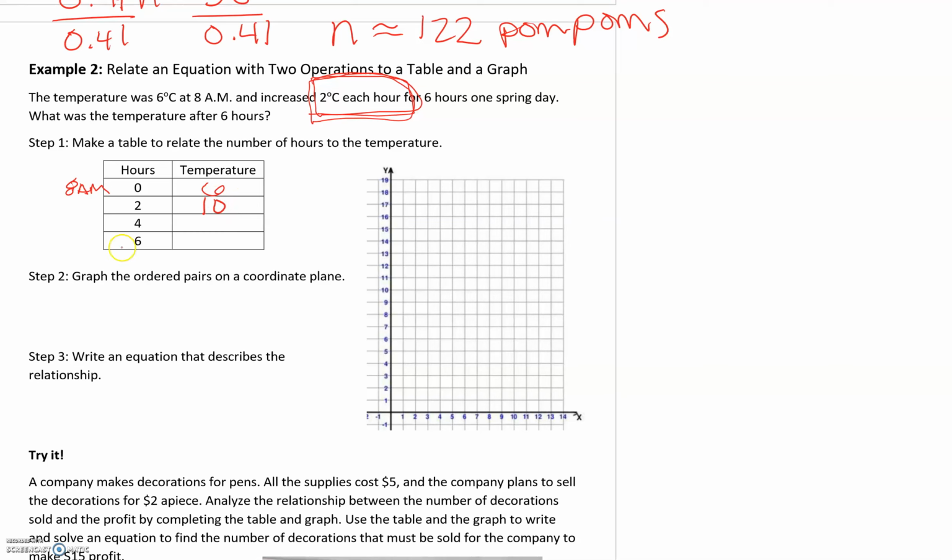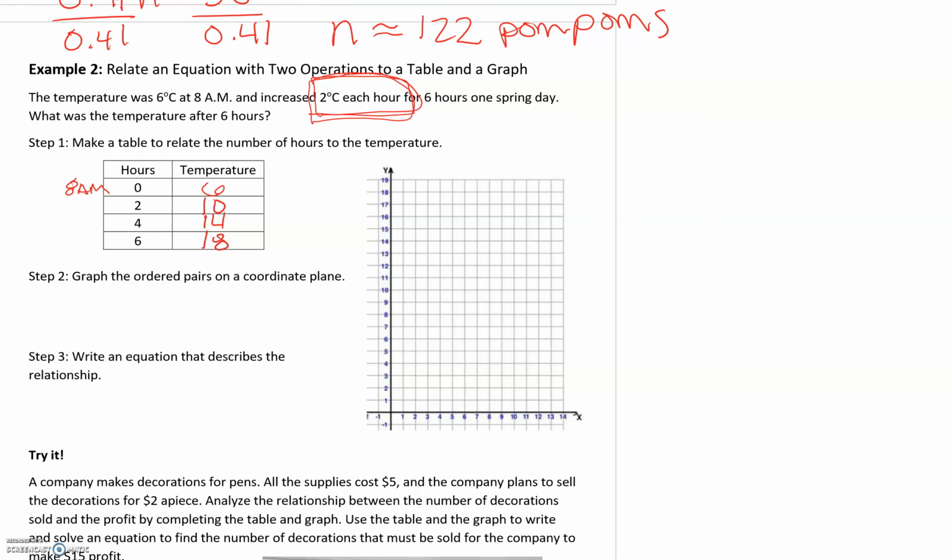Okay, and then I have another 2-hour jump here. So I'm going to have another increase of another 4 degrees. So 14. And then lastly, I'm going to have another 2-hour jump. So another 4 degrees increase here. So now I'm at 18.